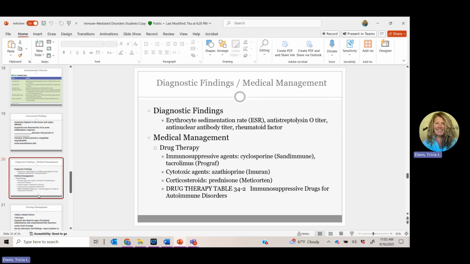These cytotoxic agents, some of those obviously don't just target the bad parts of the immune system, they kill everything. So there's a whole issue of different side effects that come with that, thinking about your chemotherapies. And then our corticosteroids are great, right? Because they're going to interfere with that inflammatory process. But we know that taking these long term is going to cause a lot of issues.